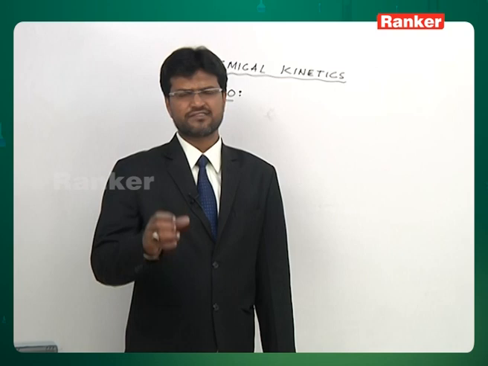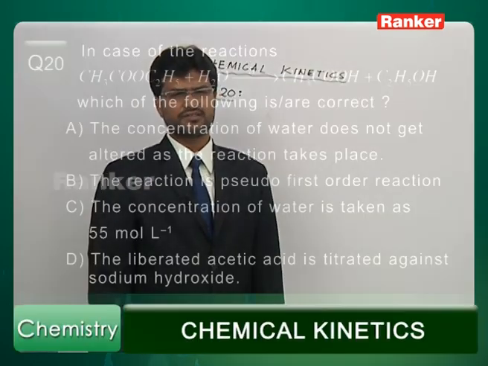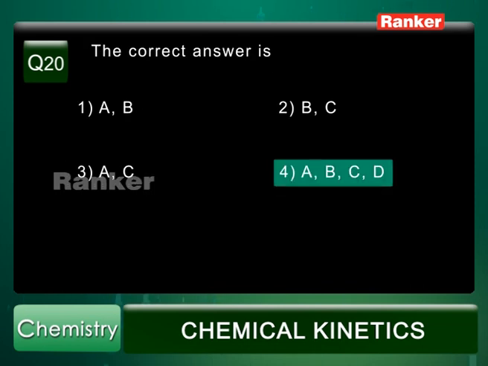For the sake of dilute acid we need to add excess of water, so the concentration of water does not get altered. The reaction is a pseudo first order reaction. The concentration of water is taken as 55 moles per liter, and option D is the liberated acetic acid is titrated against sodium hydroxide. The correct answer is the fourth option. All these statements are correct.